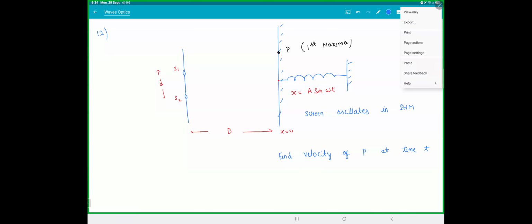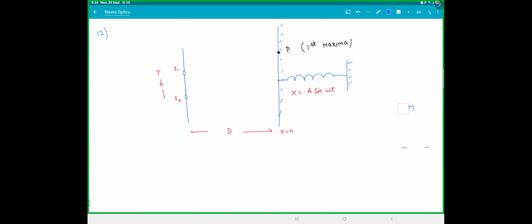Let's see. After some time t, the distance between them becomes D plus x. Now, if you look at your first maxima here, understand one thing. Not only is the screen moving, if you look at the coordinates here, this will be your fringe width, which is lambda capital D by small d, but in place of D you have D plus x.